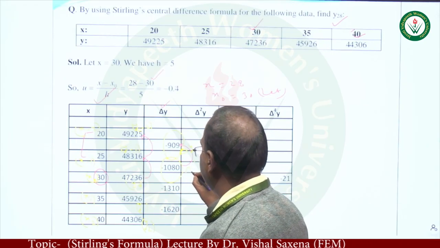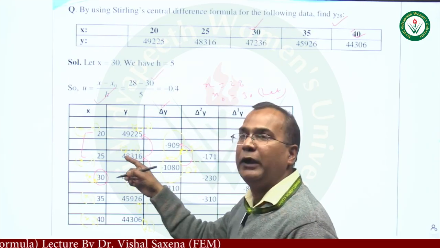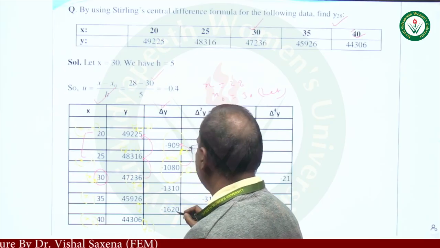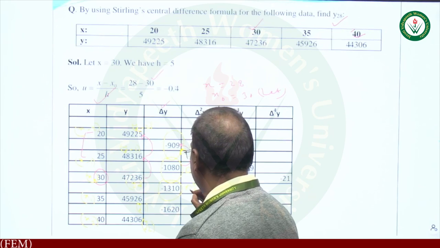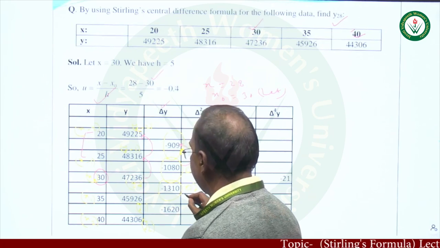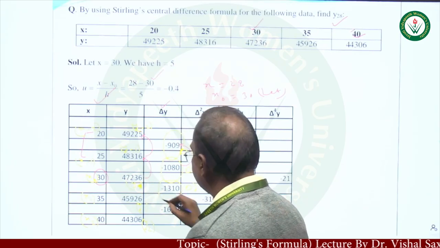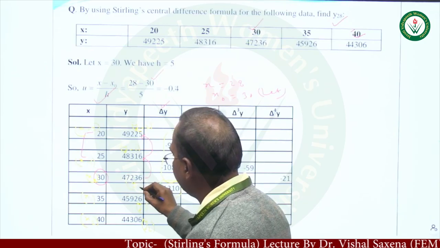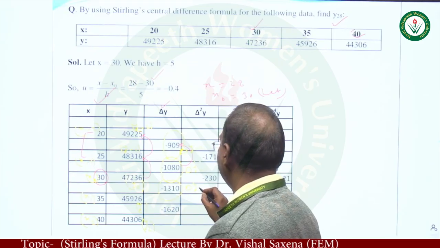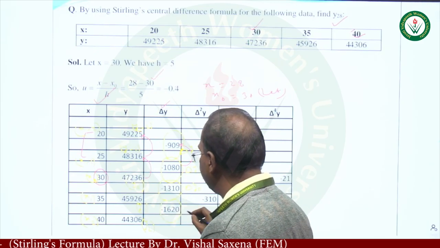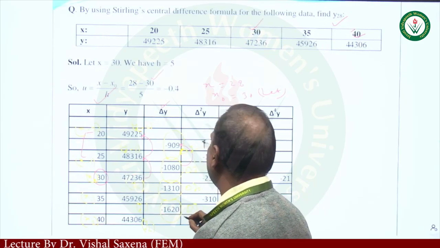It is del y minus 1, because it is the difference of y naught and y minus 1. So del y minus 1 is here minus 1310, and del y naught is taken as y naught. This difference is coming there, del y naught, and this one here as del y is simply 1. So these are the notations here.